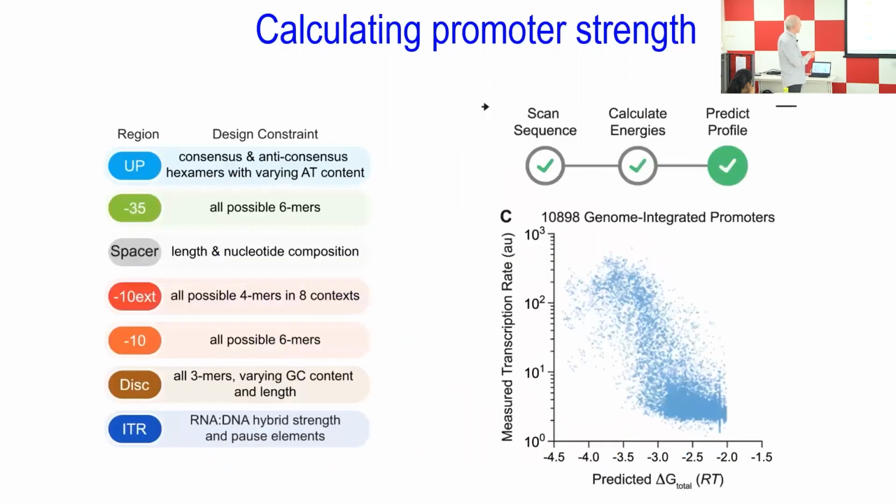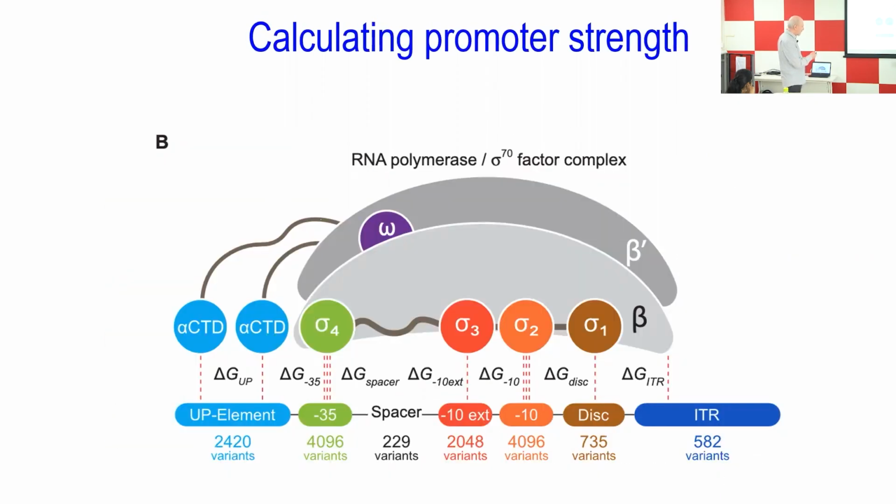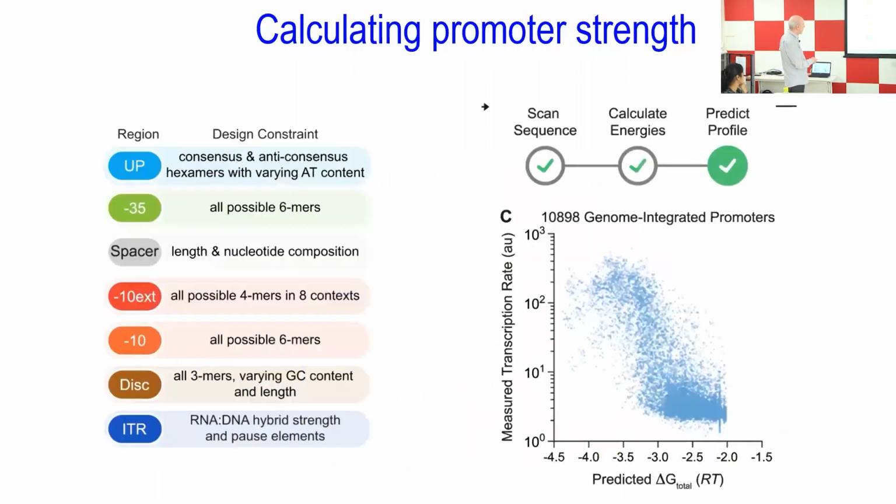So these are the regions that interact with the RNA polymerase. And if you see here, they make a combinatorial library of DNA sequences, put a reporter downstream of that, and then see what is the consequence of having different sequences on the final outcome of transcription.